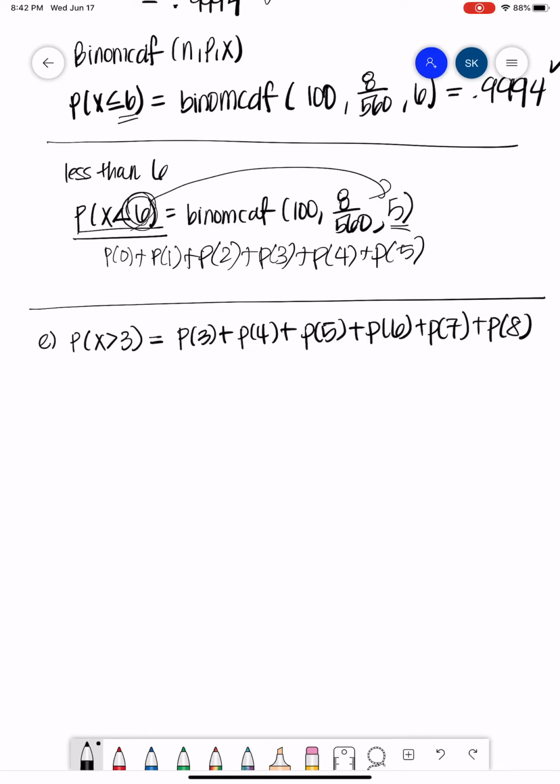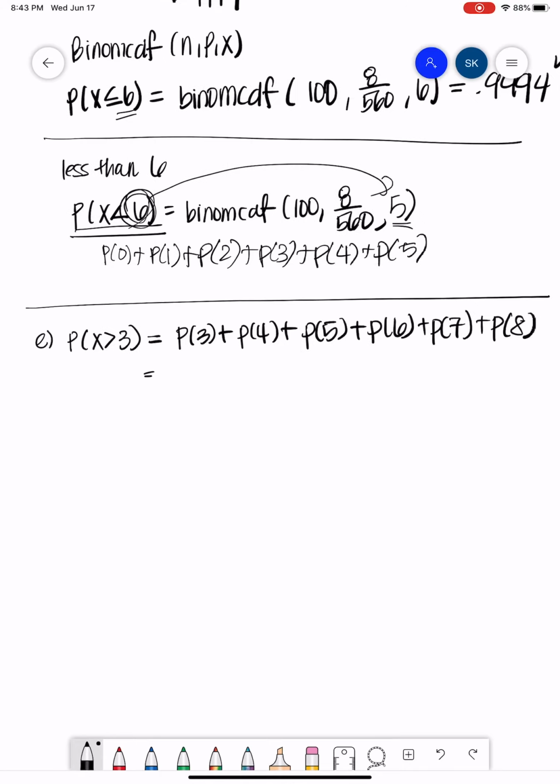Now, I'm going to show you multiple ways, both the PDF and the CDF function. You choose which one you understand better. But with PDF, you're going to have a hard time when the number gets big. If I'm doing it this way, I will be using binom PDF how many times? 1, 2, 3, 4, 5, 6 times.